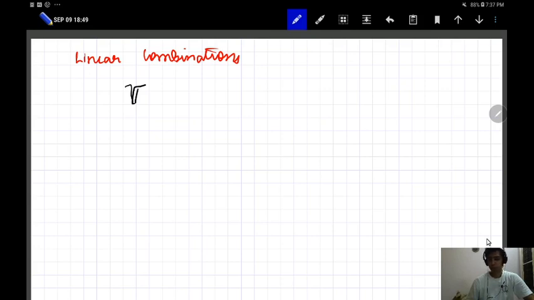So whenever I say that there is a vector space V, it means that it is defined over some field F, and the associated vector space operations are also well defined.